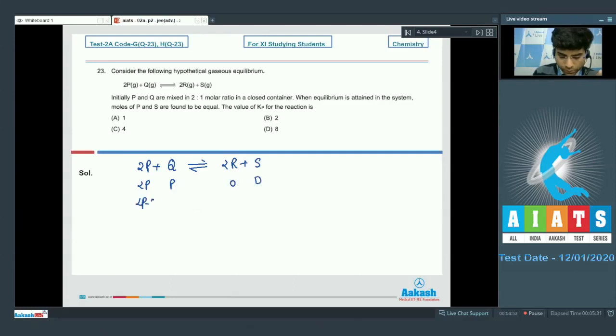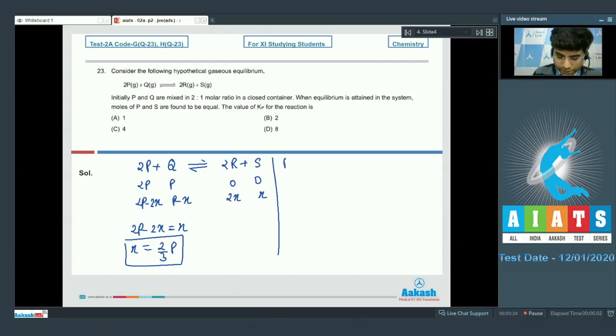At equilibrium it will be 2P minus 2x, P minus x, and here it will be 2x and x. As moles of P and S are equal at equilibrium, their partial pressures should be equal. So 2P minus 2x should be equal to x. From here we can find x, which equals 2/3 P.